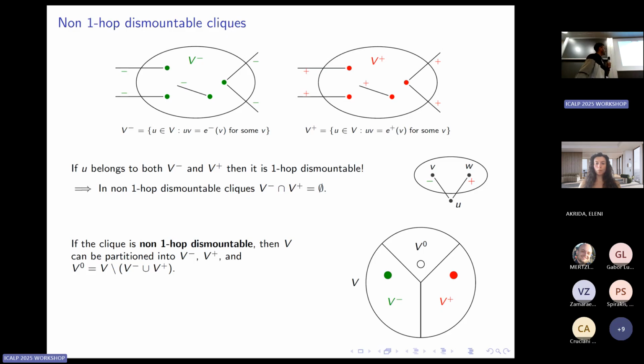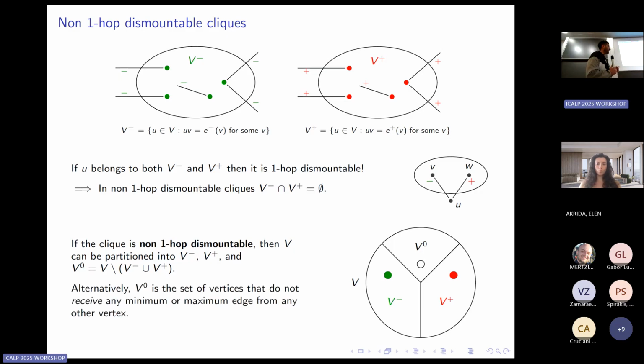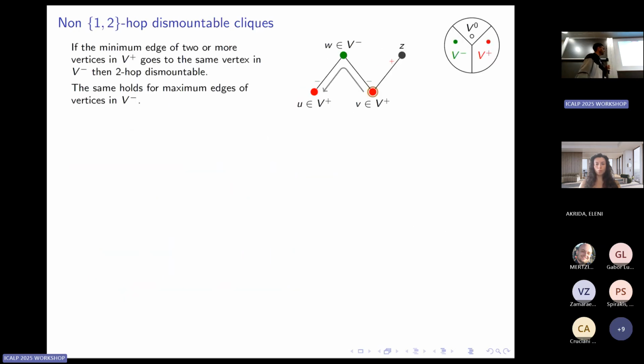And so in a clique that does not contain dismountable vertices, we can partition the vertex set into three sets: V minus, V plus, and the remaining one, V0. Or alternatively, we can define V0 as the set of vertices that do not receive any minimum or maximum edge from any other vertex.